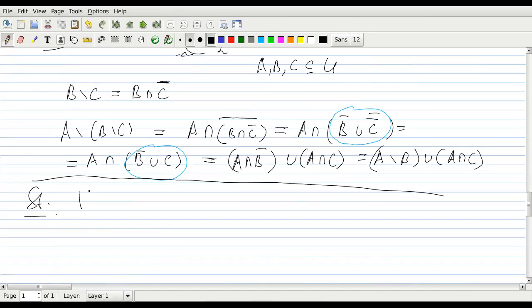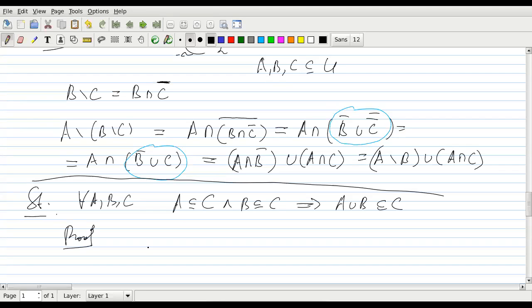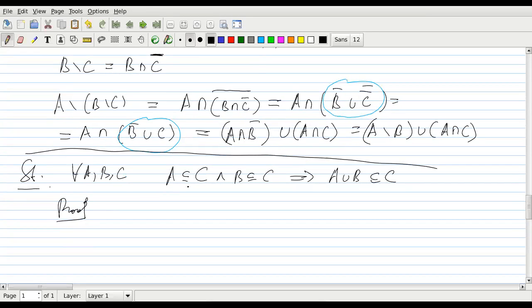Another statement for every three sets A, B, C. If A is a subset of C and B is a subset of C, then the union is a subset of C as well. Of course, I may consider elements, but I don't want to do so.